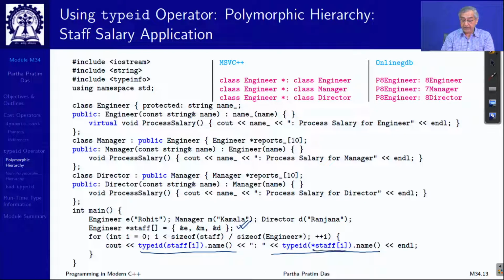So, if I dereference, I should get a different object. That is what I get: for the pointer I always get Employee, but for the object I get specifically Engineer, Manager, Director, as I have put. This is how they mark the type names in the online GDB system. Good fun.